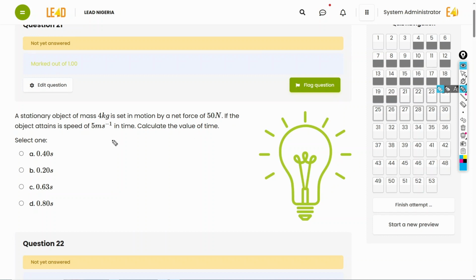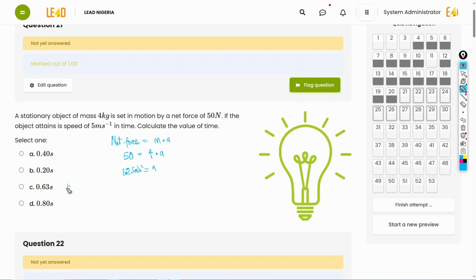So we can use Newton's law that says net force is equal to mass times acceleration. So we have 50 will be equal to 4 kg times the acceleration, which we do not know. That means that the acceleration is 50 over 4, which is 12.5 meters per second squared.